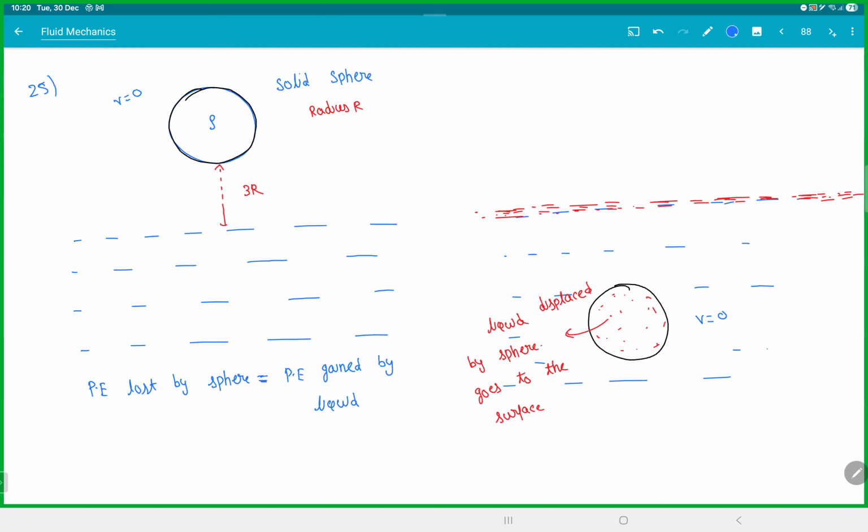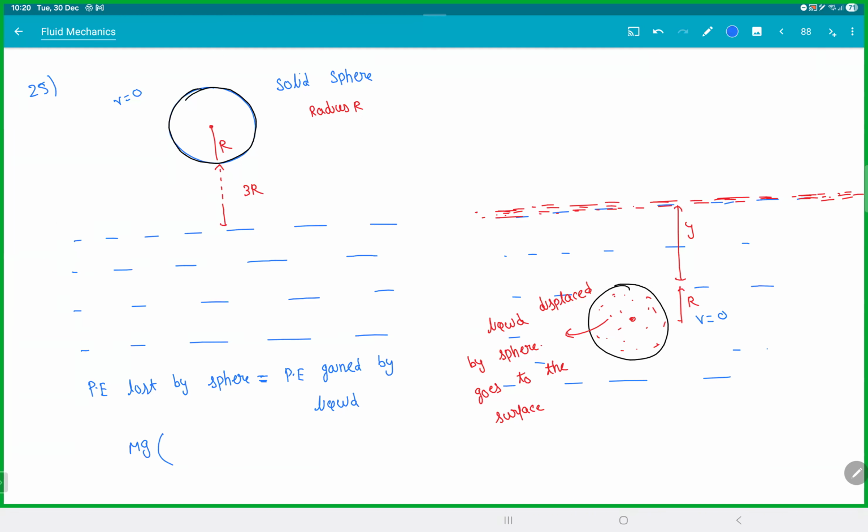Clear? Now, if I take the center of mass from center to center, how much will that be? This was r, so that was 4r, and let's say this height is y from the center, so this is r. You could take y from wherever you want. So that would be mass of the ball, mg.